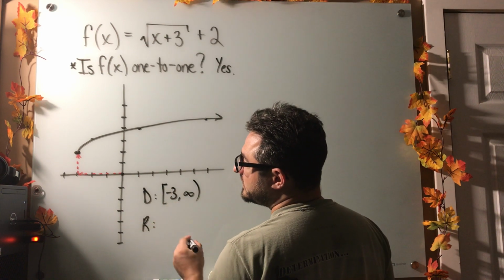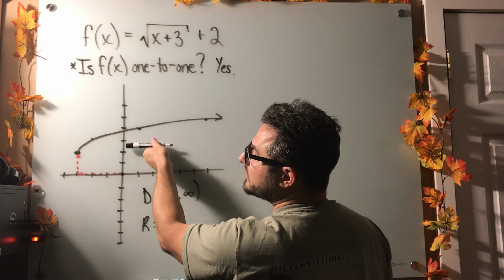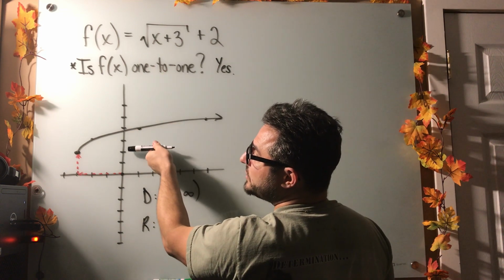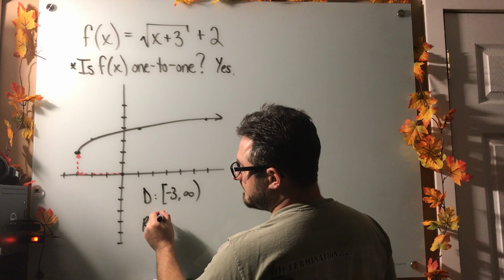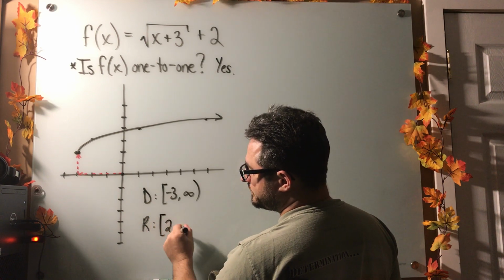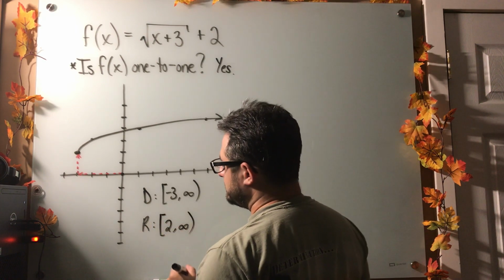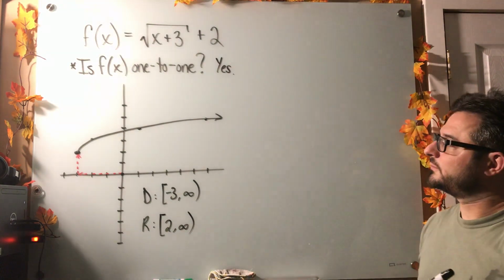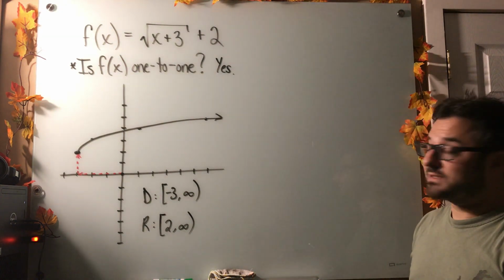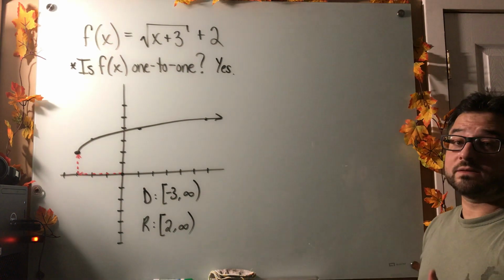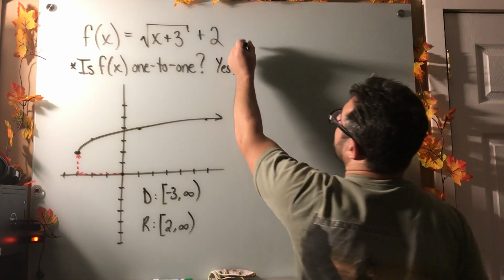The range, where it exists on the y-axis, is from 2 upward. This is important now. We need to keep track of that. We need to know those things because they are going to affect the inverse function.